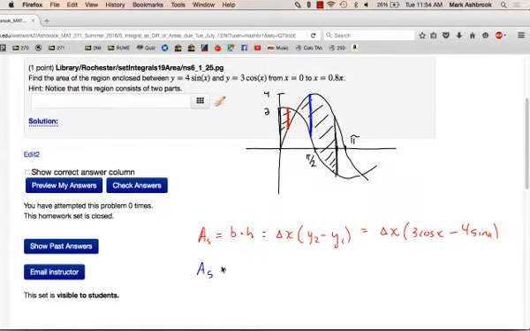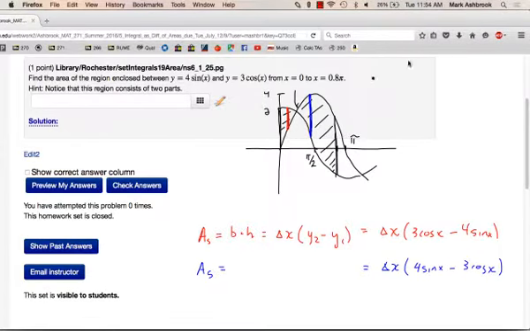But then after the intersection, it flips. So then we have delta x. Now your y2 is 4 sine x. So we're going to add integrals, and we're going to need this intersection point.